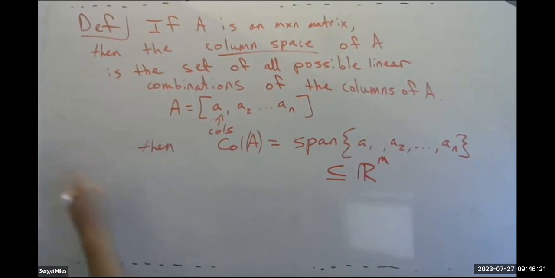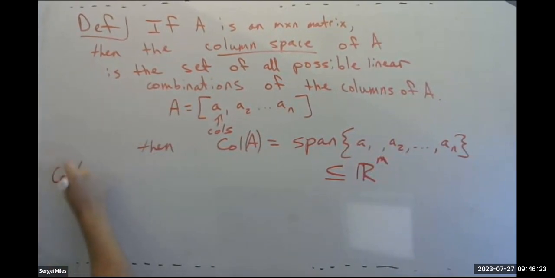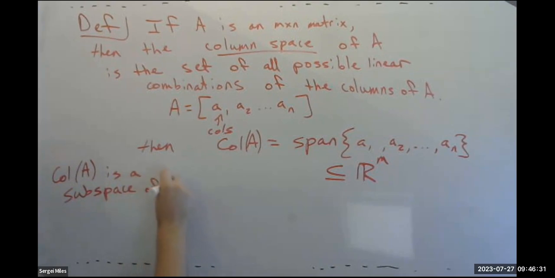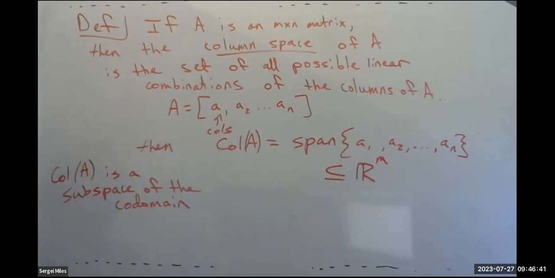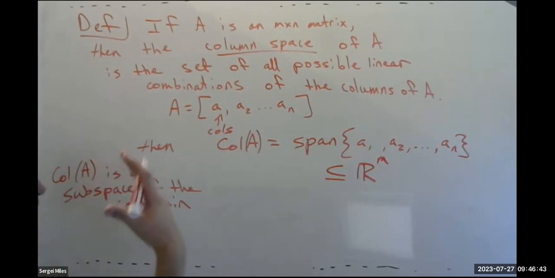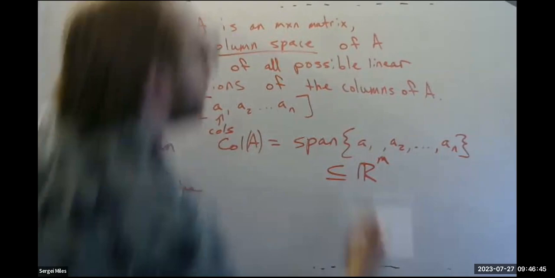In other words, the column space is a subspace of the codomain for our matrix equation. It's the set of possible outputs, right?